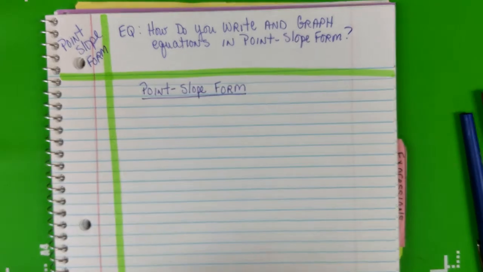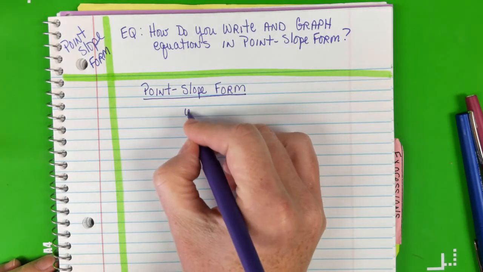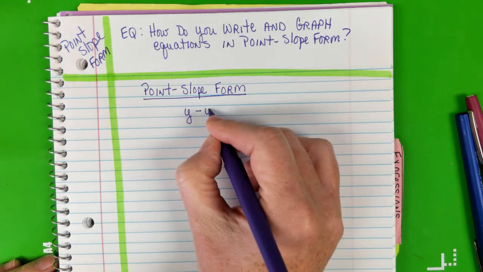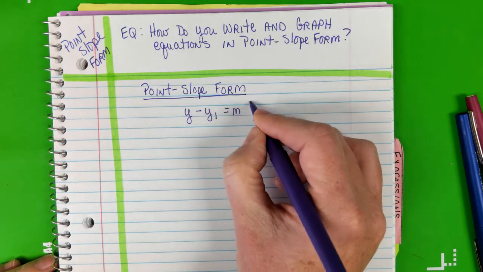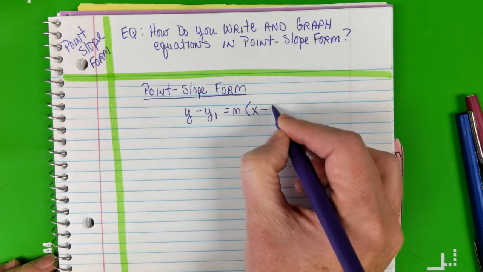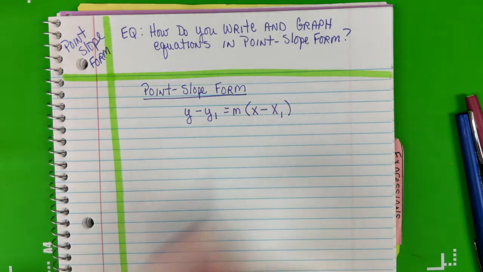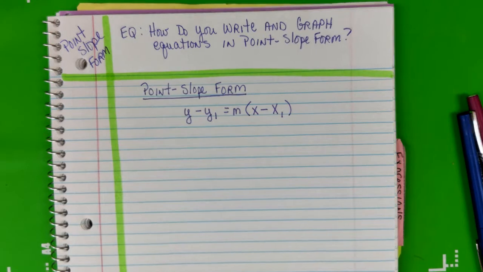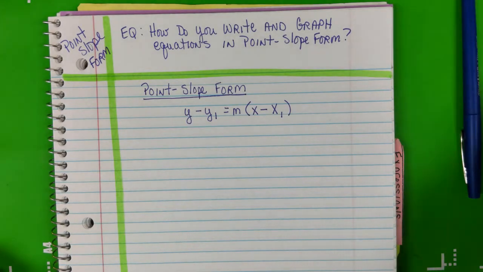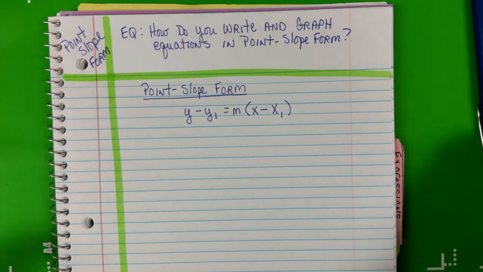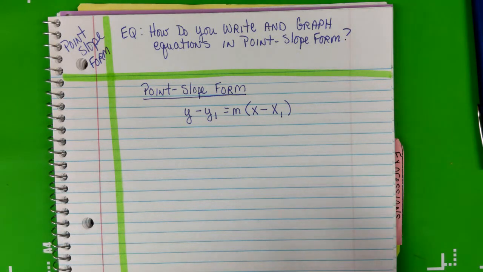But point-slope form is simply y minus y1 equals m times x minus x1. Point-slope form is a really quick, fast way to get an equation of linear data, and it also can be used to get to our other forms of our linear equations.